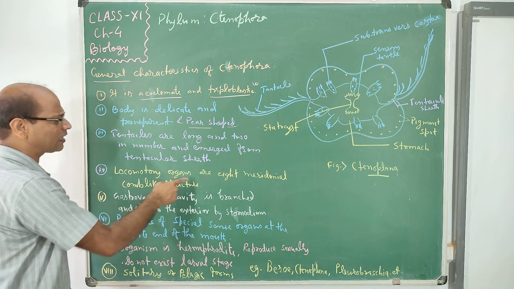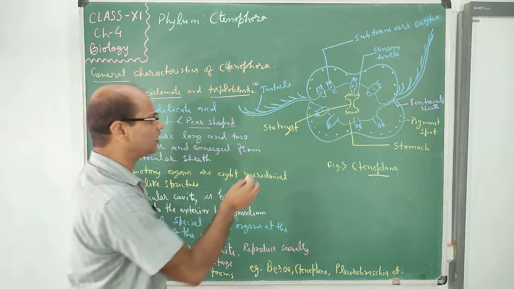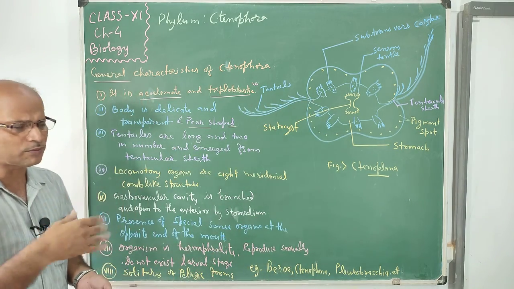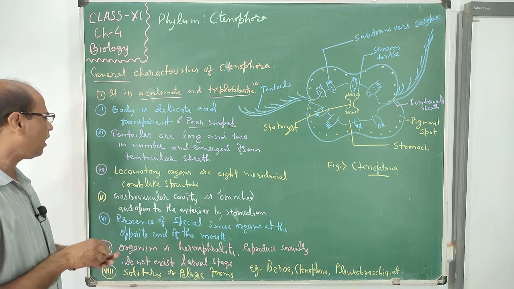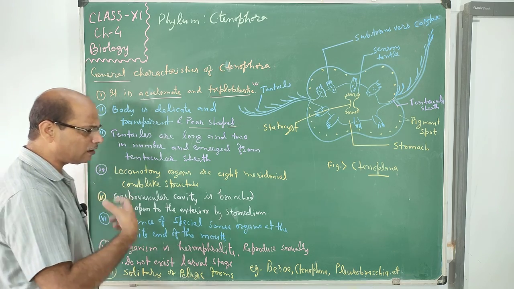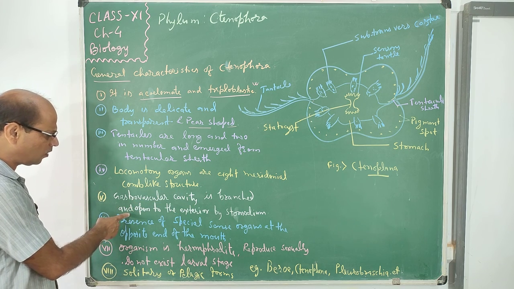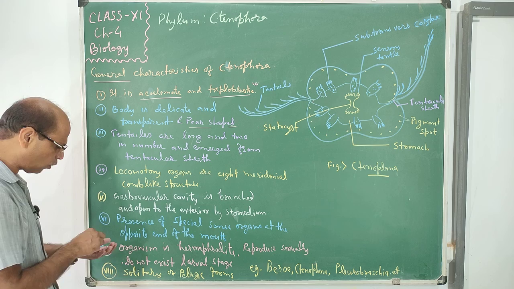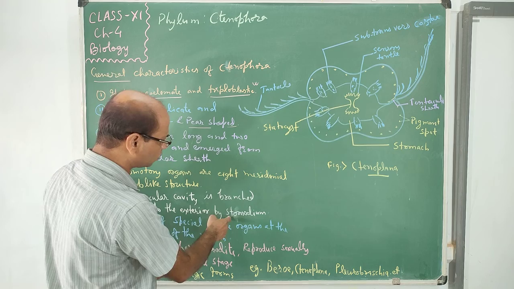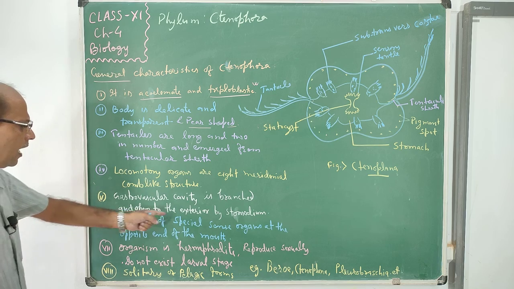And the locomotory organs are 8 meridional comb-like structures. These are the structures which help to locomote, meaning to move their body in the water. So they are able to locomote with the help of these. The gastrovascular cavity is branched and open to the exterior by the stomodeum. With the help of the stomodeum, they are open to the exterior.